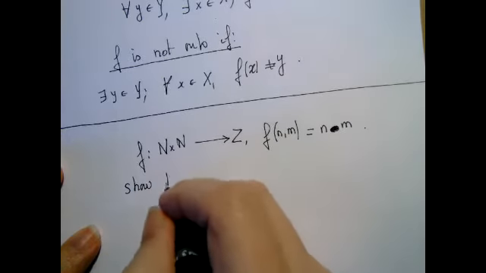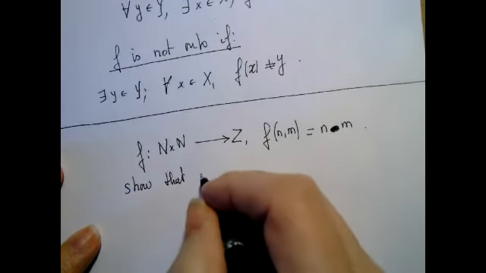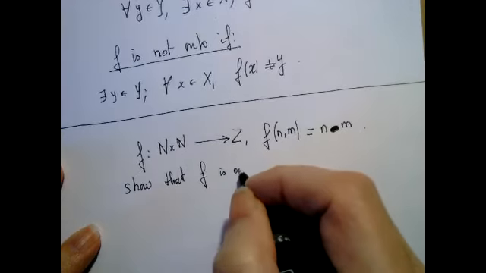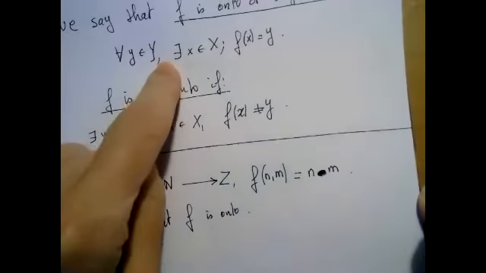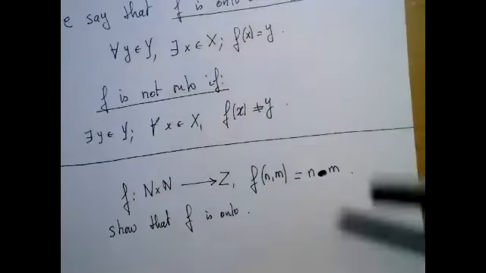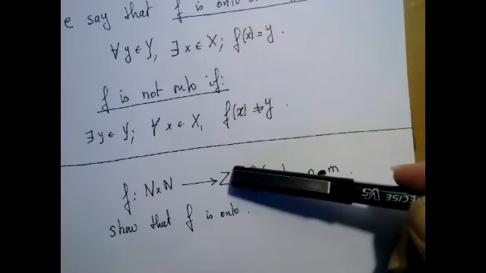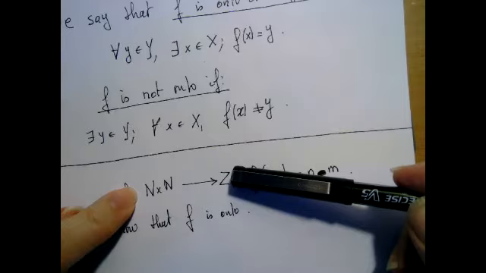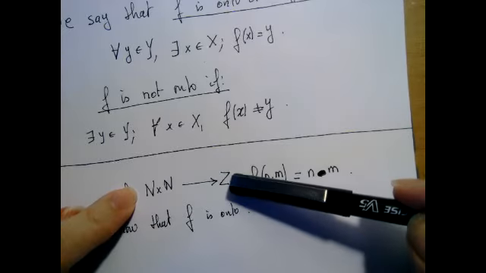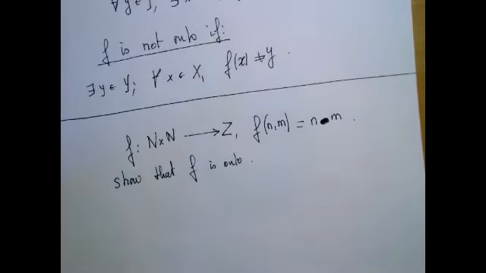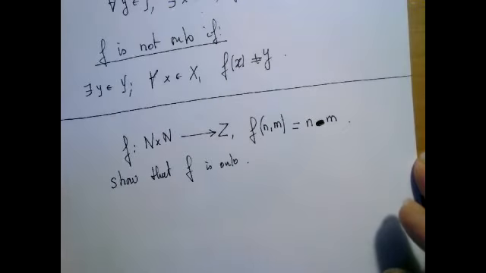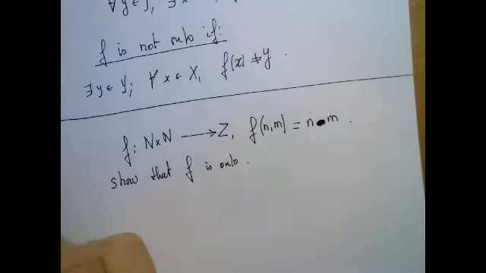After we discussed this, we realized that this function is onto. And now my question is, you're going to formally show that f is onto. The way we're going to show it is verbatim using the definition. It means you have to start with an arbitrary element in here. You have to give me an element in N cross N that's mapped into your arbitrary element. So how do we start?